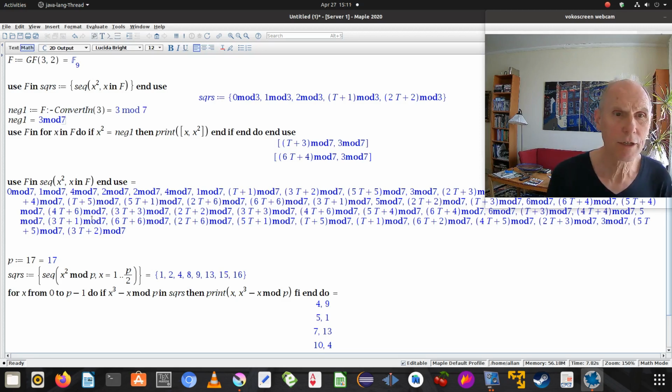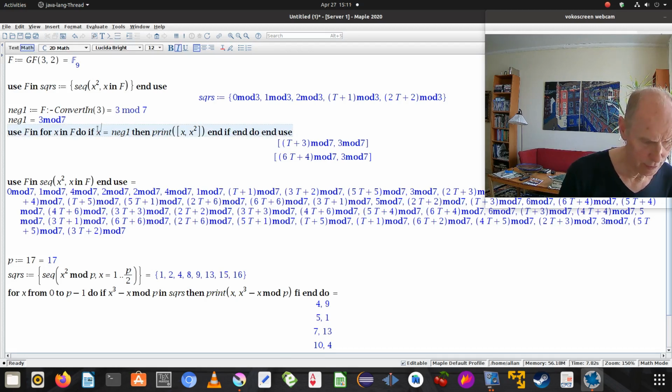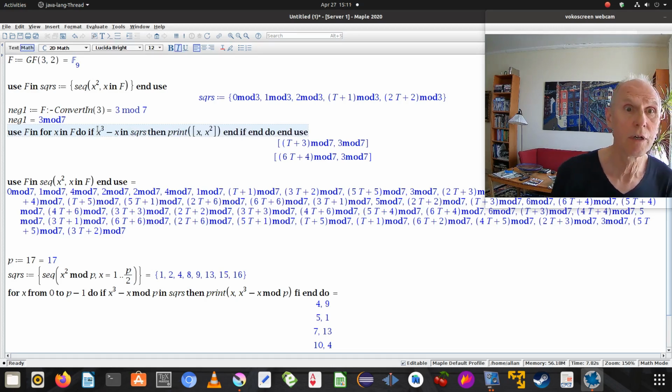Well, I'll just leave it for the time being. And then for x, if x to the third minus x is in squares, then print x.